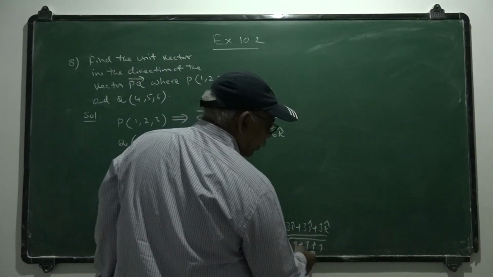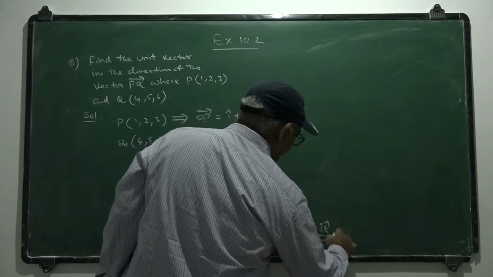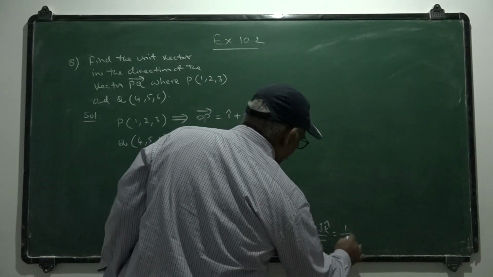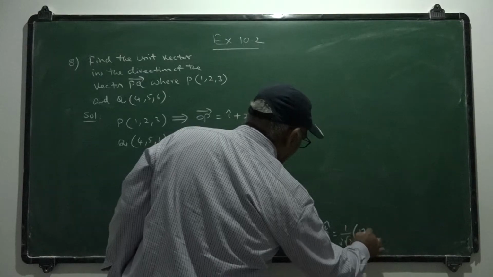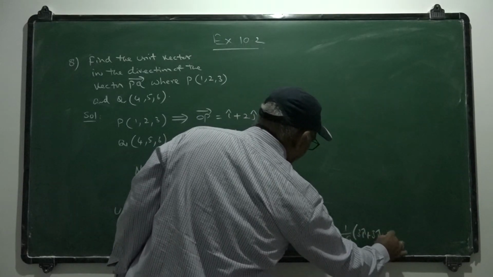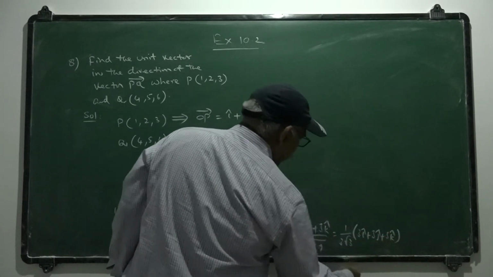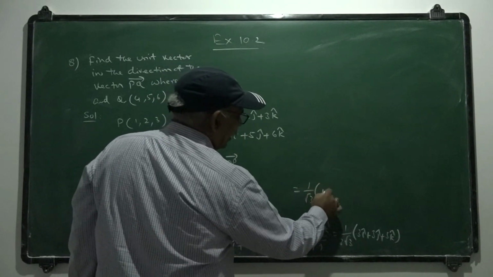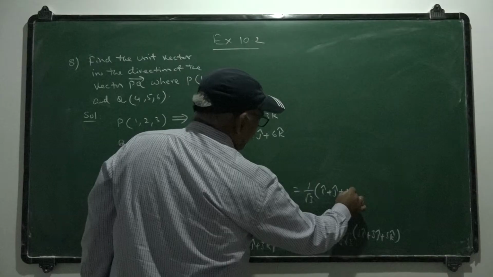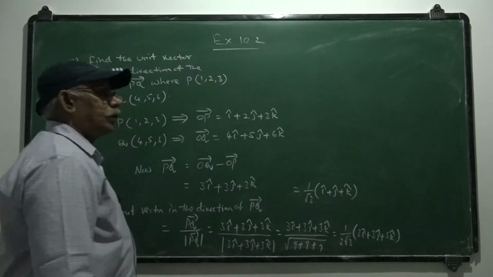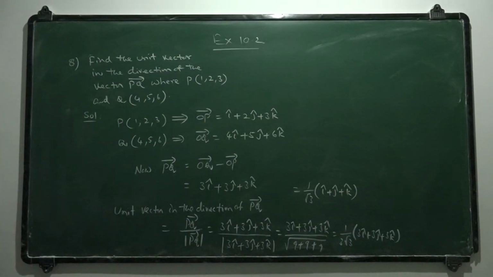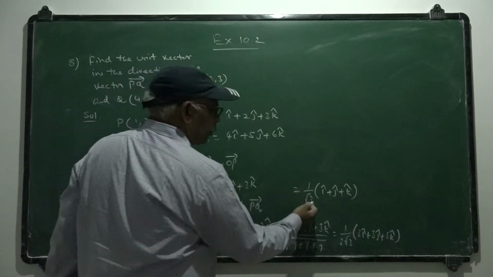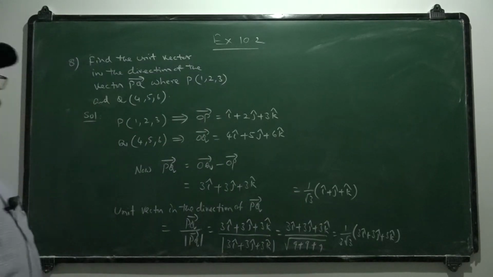So that is root 27, and root 27 means 3 root 3. So 1 by 3 root 3 into (3i plus 3j plus 3k). You can take 3 common and cancel. So the required unit vector in the direction of PQ bar is 1 by root 3 into (i plus j plus k).